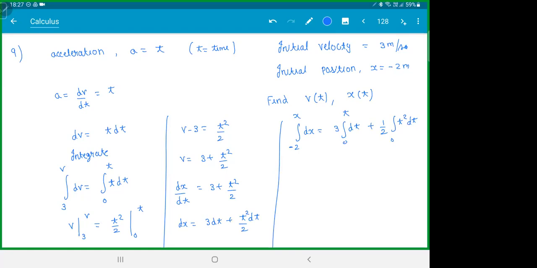The limits: x goes from minus 2 to x, and the first term is 3t, limits from 0 to t, plus half into t cube by 3, limits from 0 to t. This will be x minus of minus 2, that becomes x plus 2, equal to 3t plus t cube by 6. So x is equal to minus 2 plus 3t plus t cube by 6.